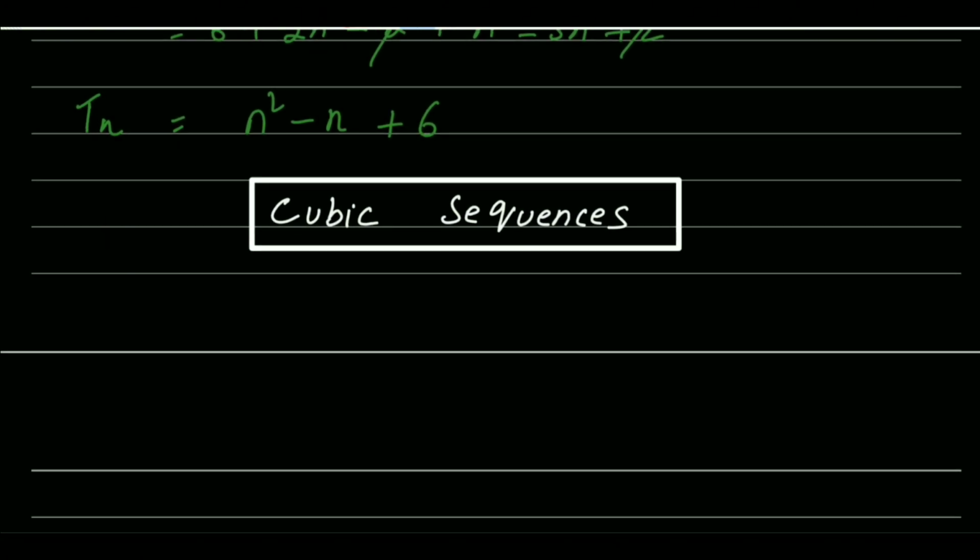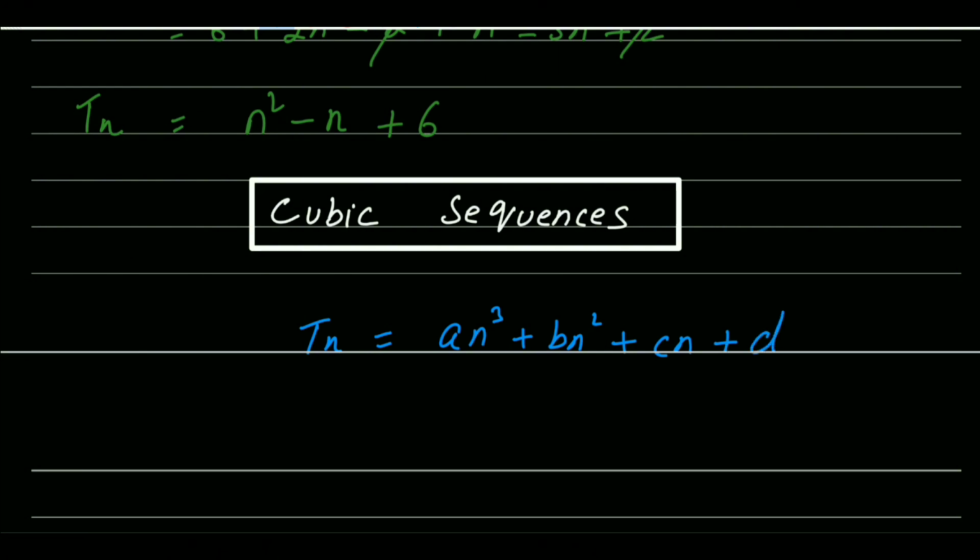So you have to learn the formula of a cubic sequence, that is Pn is equal to an cube plus bn square plus cn plus d.